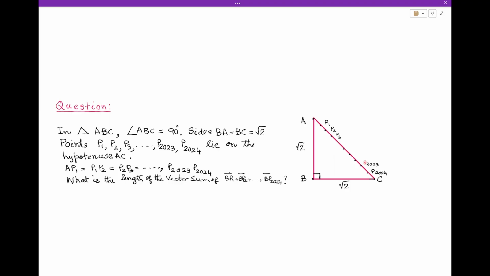It is also given that these segments AP1, P1P2, P2P3, P3P4, etc. are all equal to each other. Then what is the length of the vector sum of BP1 plus BP2 plus ... plus BP2024?